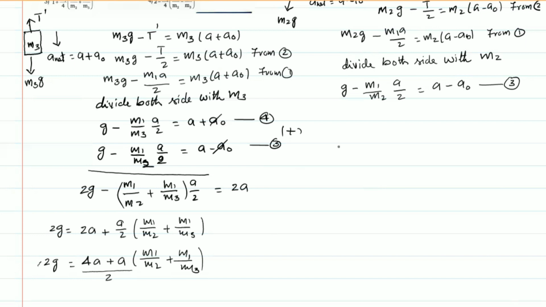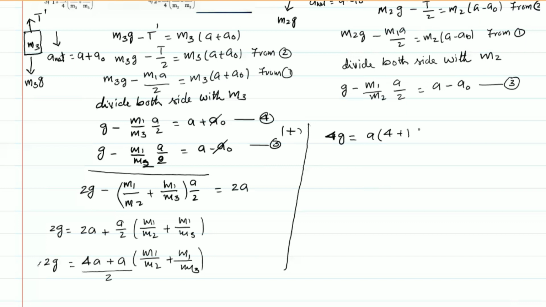Now if we do the cross multiplication, it will become 4g. Yes or no? So I am going to write here: 4g is equal to how much, my dear? See, I am going to take a common, because we want the a value.